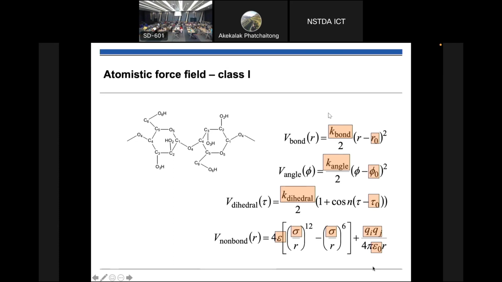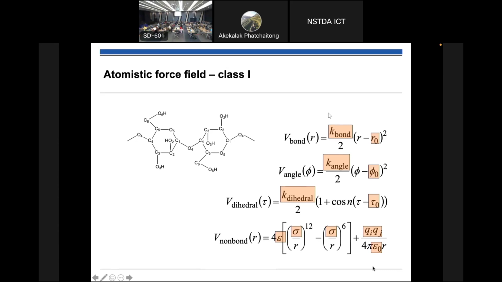So O5, C1, O4, C2, C1, O4, C3, C2, O2, these are all my angles, and all these angles have to be parameterized. You need to know this constant and this value for all your bonds and angles.